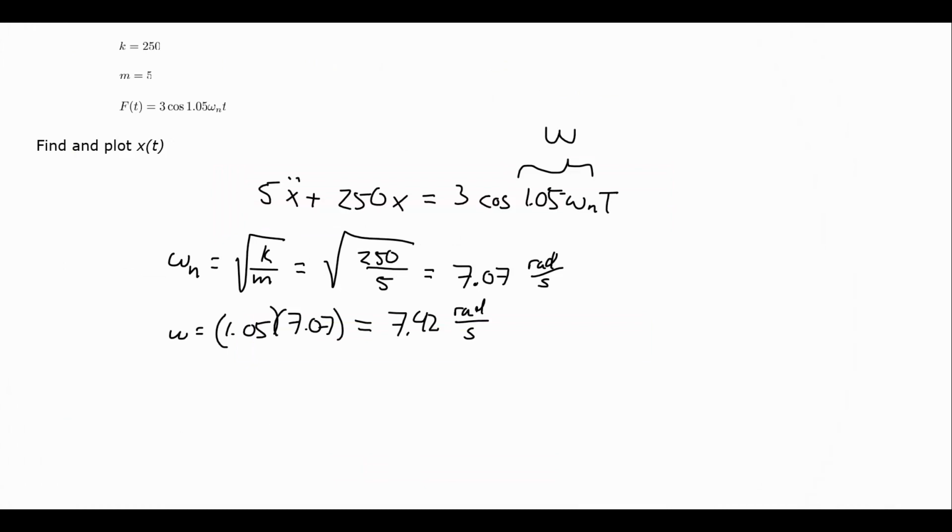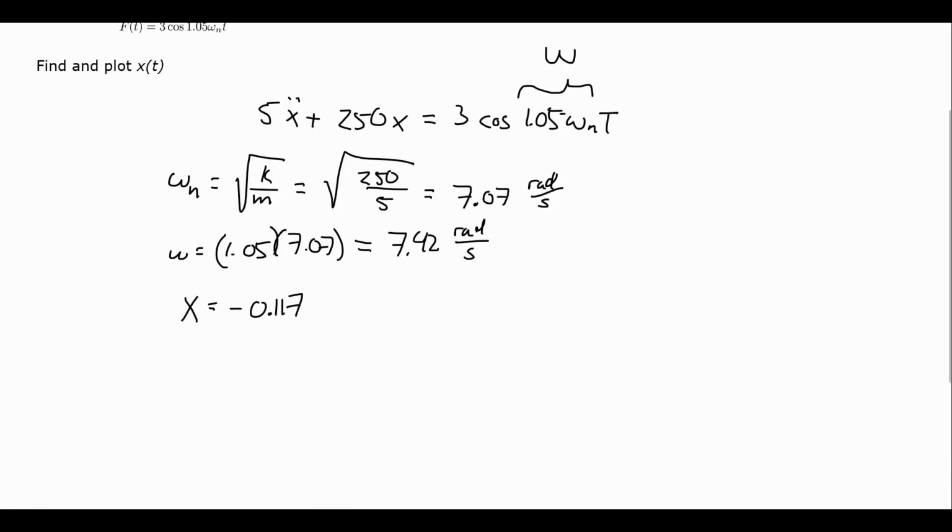So if we go through the calculations, I won't do them in this example, but we're going to get that x value is negative 0.117, and negative because the driving frequency is a little bit higher than the natural frequency. And we can put together then our full solution for x of t.